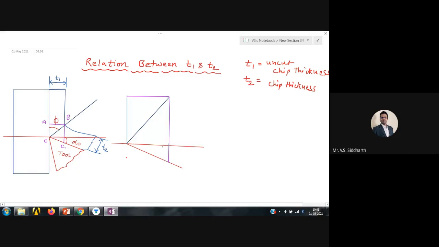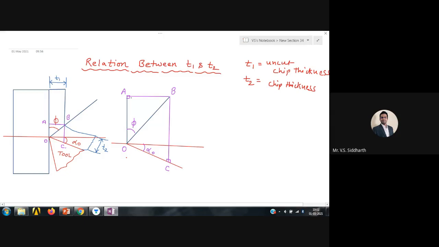Okay. This is A. This is B. This is O. This is C. This is one perpendicular. This is another perpendicular. This angle is alpha naught. This angle is psi. Right?